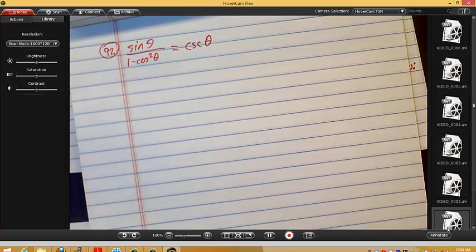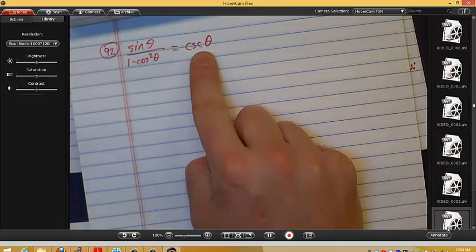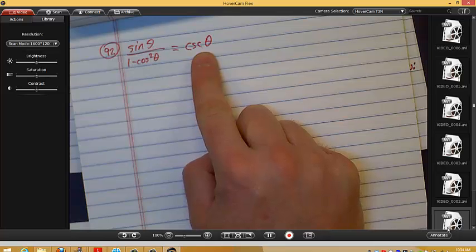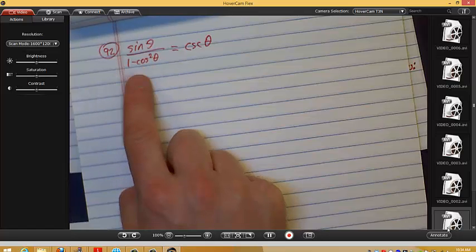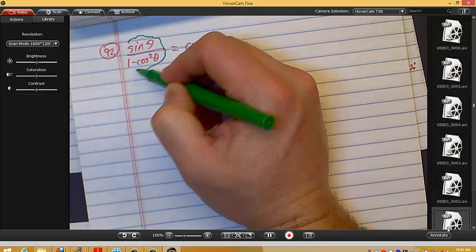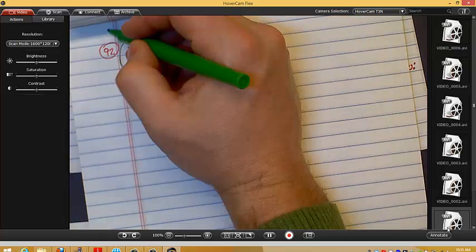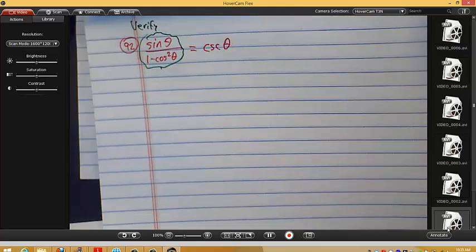Okay. So again, you kind of have to pick which side you want to start with. Cosecant theta, I don't have much I can do to it. I know that it's the same as 1 over sine. In this problem, I would start with this side. It's kind of uglier. So again, the directions are we want to verify this identity.